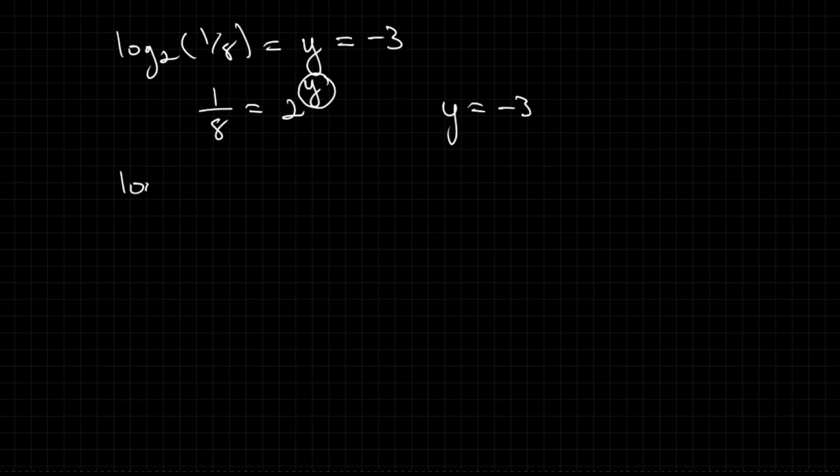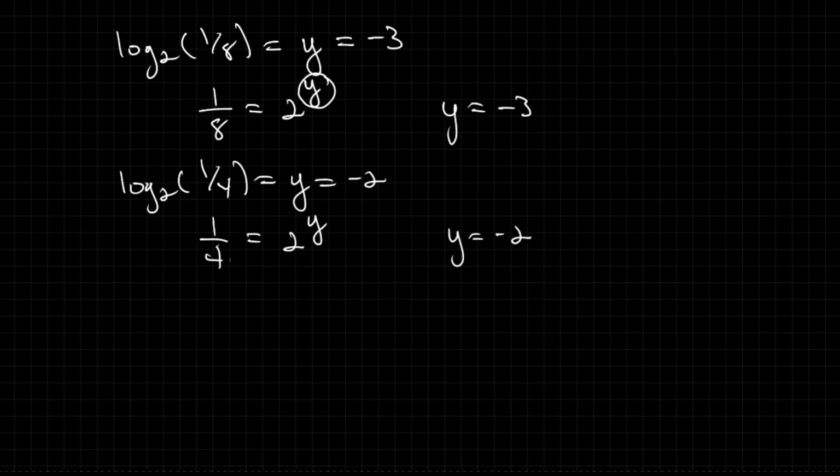If you wanted to do log base 2 of 1/4 to fill in your table, you can set that equal to y, convert to exponential form, and we get that 1/4 is 2 to the y, which means y would be -2. So the y value for 1/8 is going to be -3, and the y value for 1/4 is going to be -2.